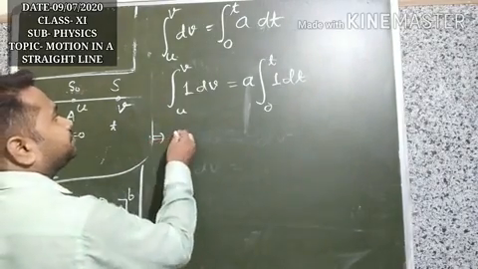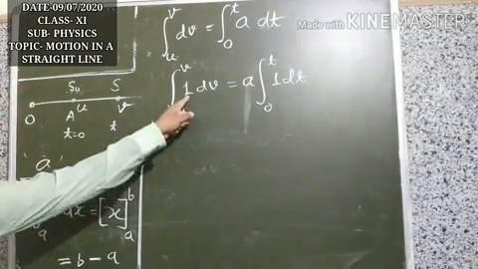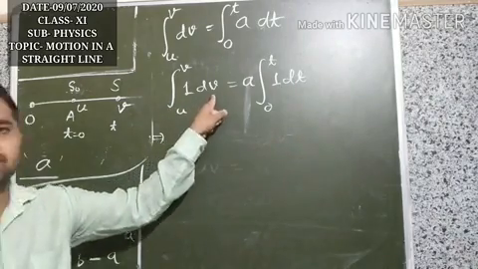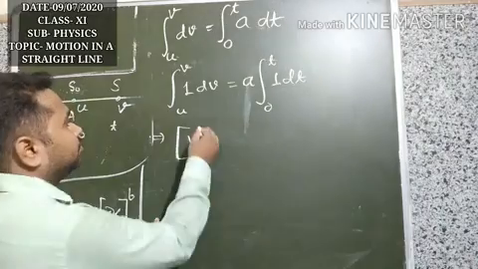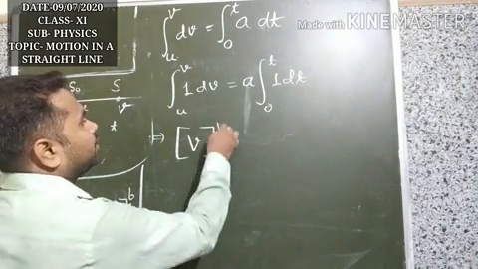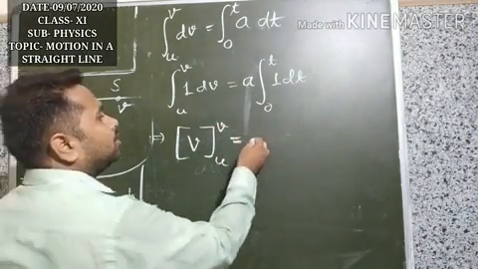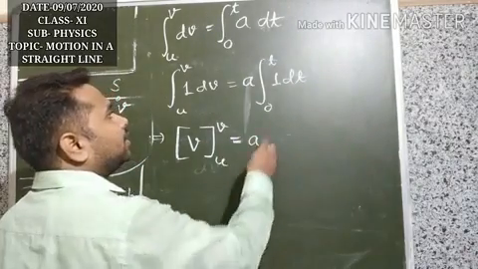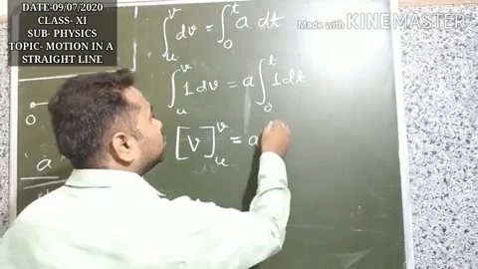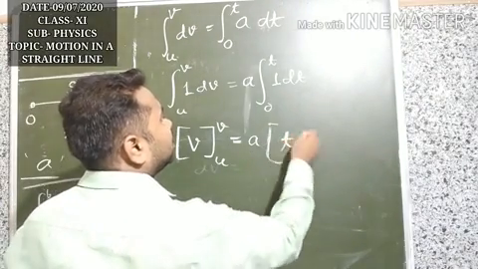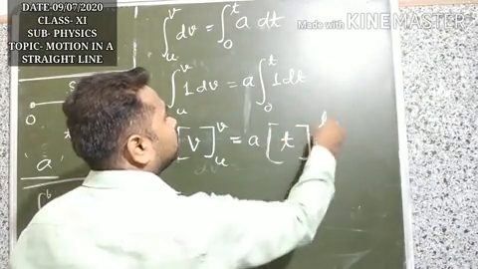So see here, now we have to integrate 1 with respect to v. So the integral is v, and limits are u to v. A is outside of the integral, we have to integrate again 1 with respect to t. So the integral is t, and limits are 0 to t.